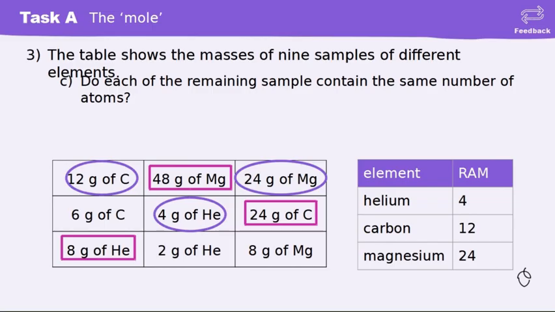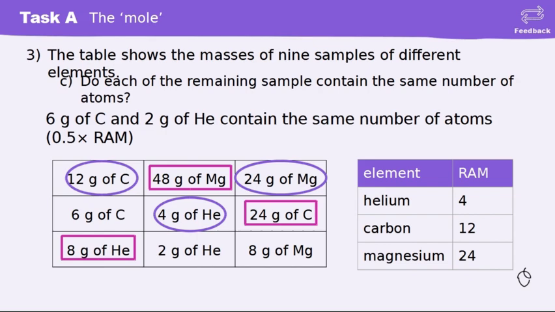But 8 grams of magnesium is 1/3 of the relative atomic mass of magnesium. So magnesium would be different. It would not contain half the number of atoms. It would have basically 1/3 of a mole. Okay.